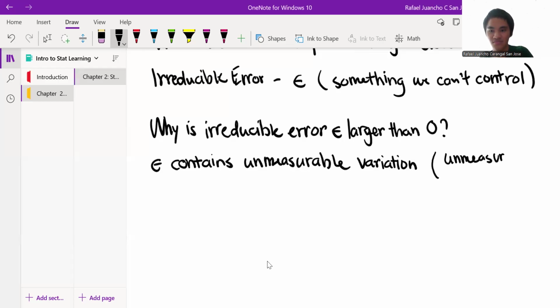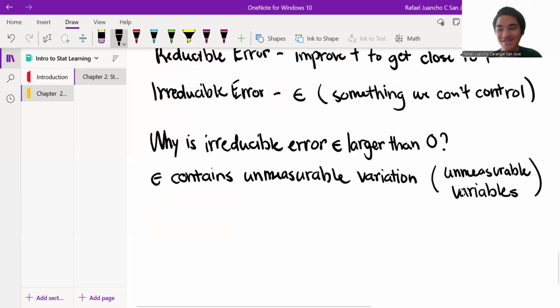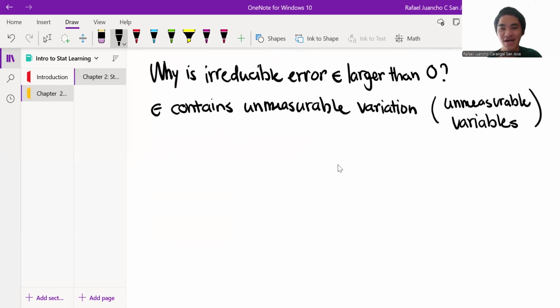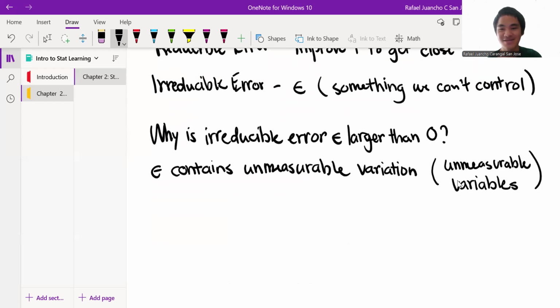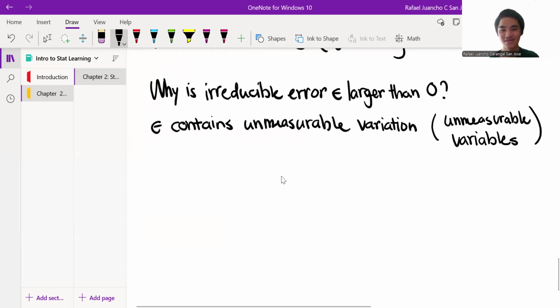What are variables we cannot measure? Name. What else? Brand of a restaurant. Brand of different restaurants. How do we measure that? That's categorical, right? We can only measure something with quantity, quantitative data, not categorical or qualitative data.